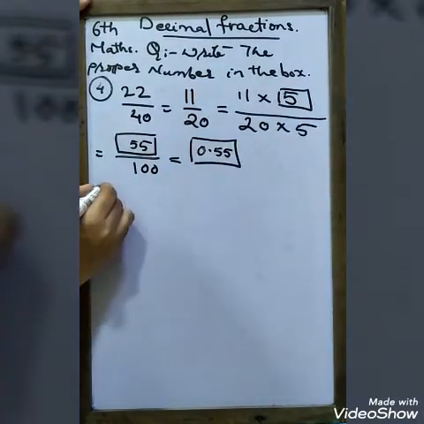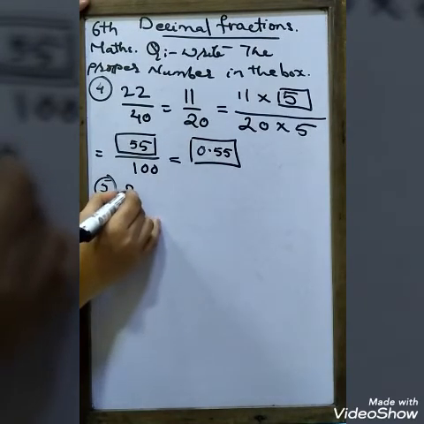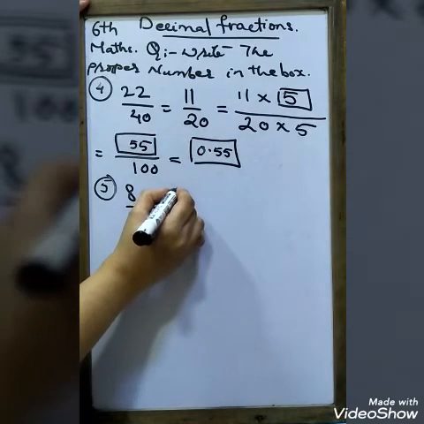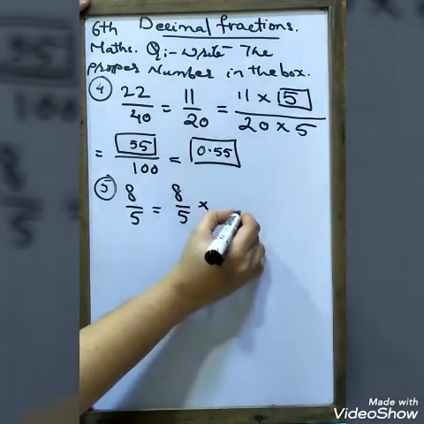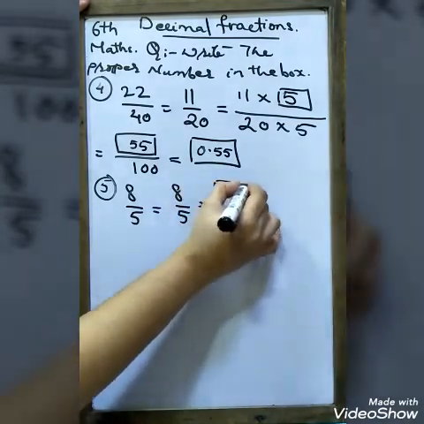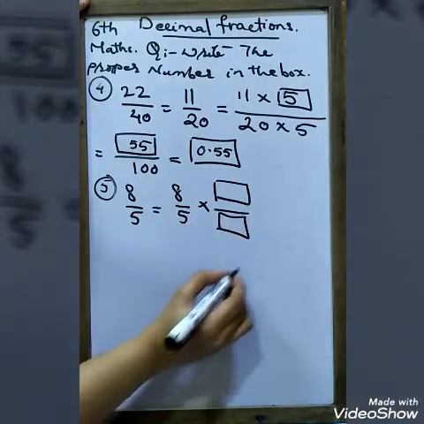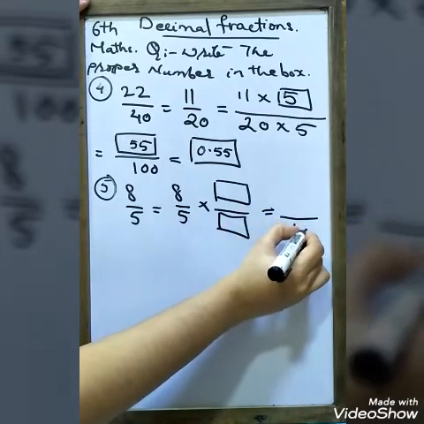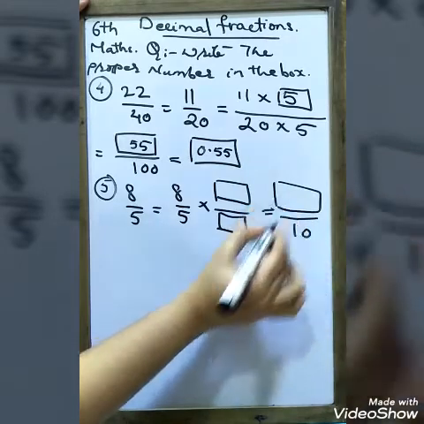Now let us go with the fifth question. The fifth question is given as 8 upon 5 is equal to 8 upon 5 into a box, then equal to a box upon 10. Then here also the box is given to us.